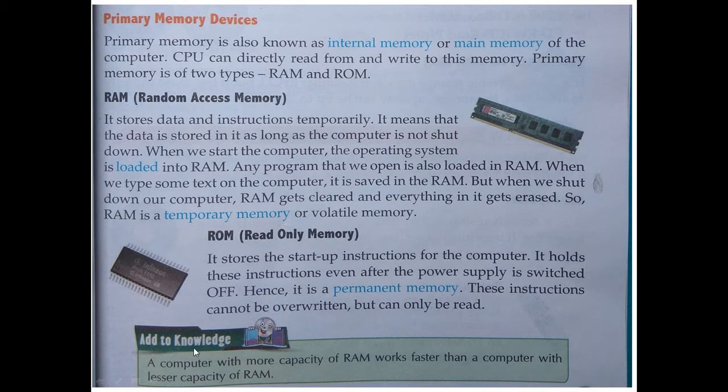Let's see this add to knowledge. A computer with more capacity of RAM works faster than a computer with lesser capacity of RAM. See, students, if you have a computer at home and you like to play heavy games, the memory of your computer, that is RAM, should be more. If RAM is more, you can play heavy games on your computer.